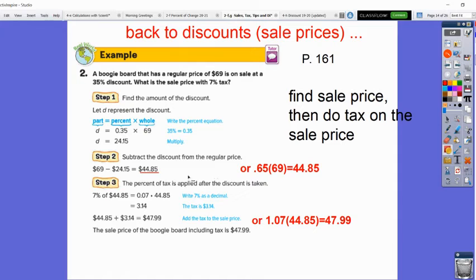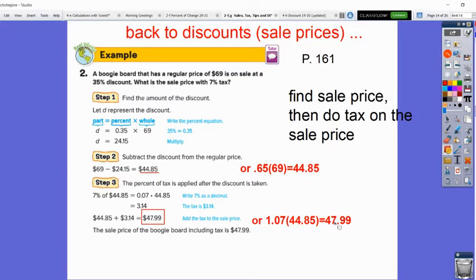Then the percent of tax is applied on the sale price. So now $44.85 is your new whole, and 0.07 for 7% sales tax gives you a tax of $3.14, which you then add on to the sale price to get your final price of $47.99.